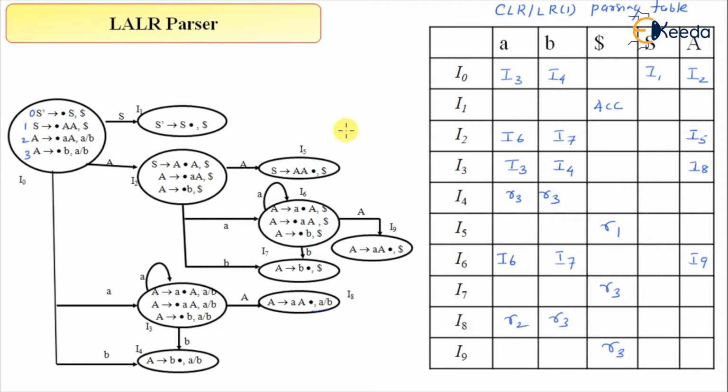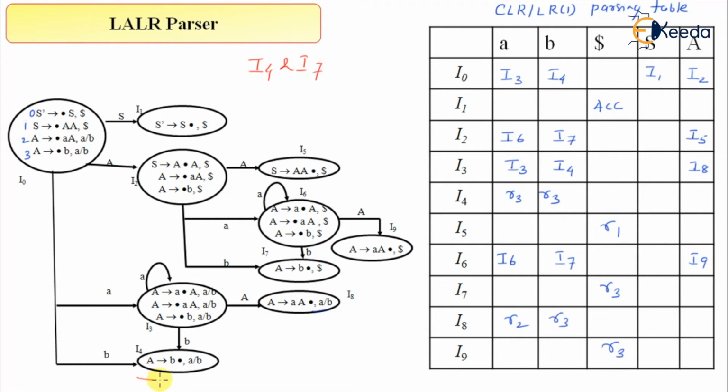If I ask you which states can merge, I already told you the criteria: the dot should be in exactly the same position. The only thing that can be different is the follow set. Under that criterion, I4 and I7 are contenders.